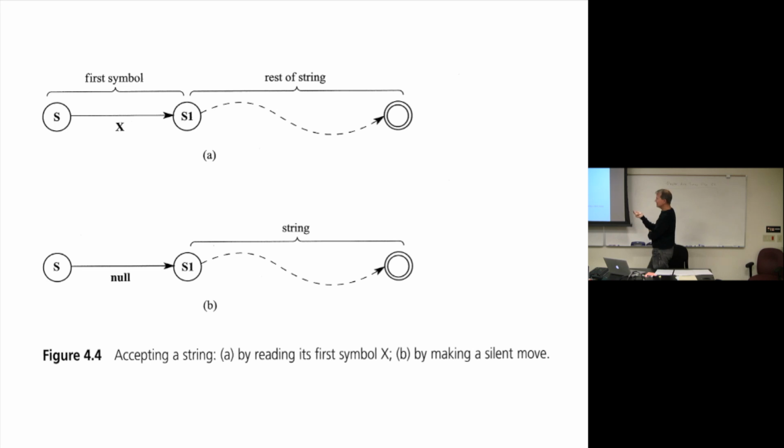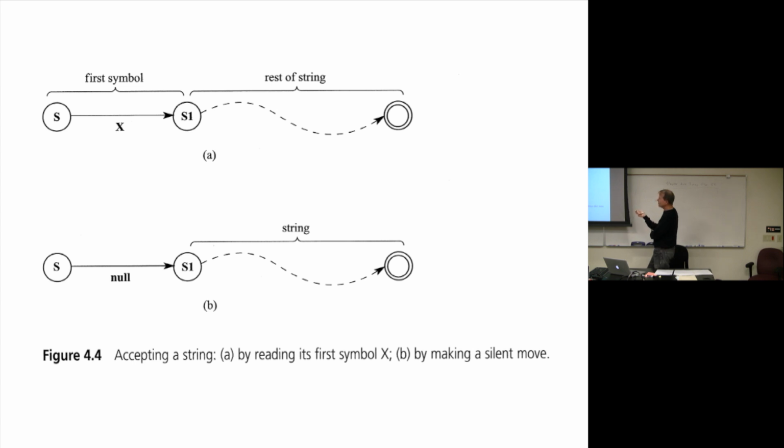How is it that we can get from the start state S to the final state recursively? And here in figure 4.4a, our author illustrates accepting a string by reading its first symbol or by making a silent move.